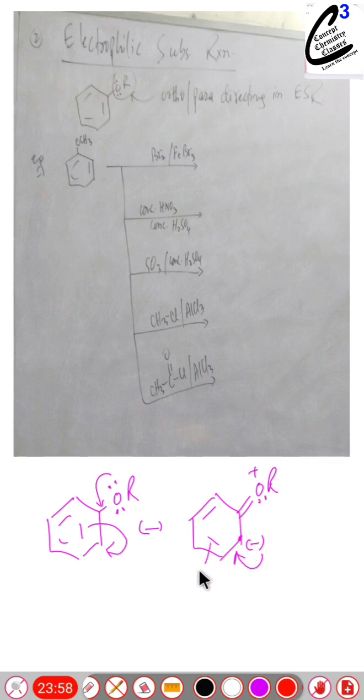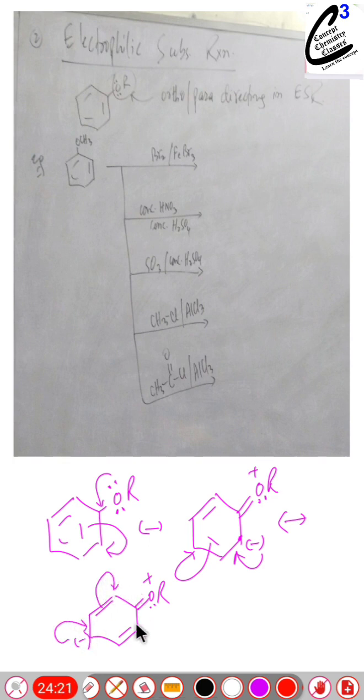So this can be delocalized here again. Let me draw the next resonating structure here. This is our OR plus lone pair, here it is a double bond, and this will be the negative charge. There is a double bond again here. So again like this, at the ortho position there will be an excess of electrons.